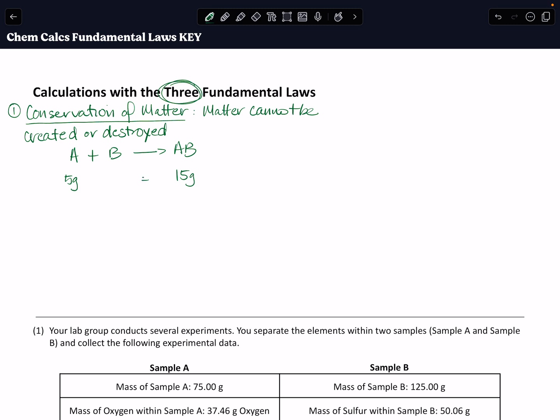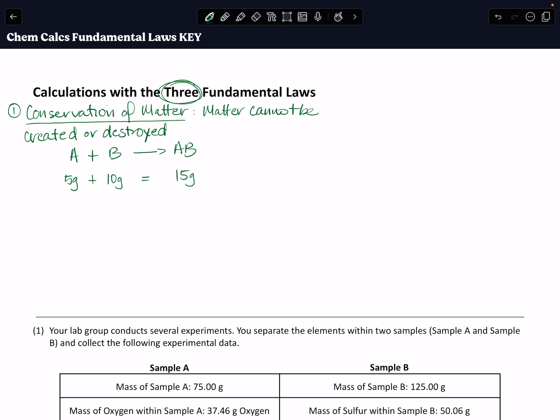So I can put an equal sign in for the arrow, all right? And then the sum of the reactant side has to equal the sum or the value on the product side. So I put an X in for B. So 5 plus X has to equal 15. So that tells me that I must have started with 10 grams of that compound B.